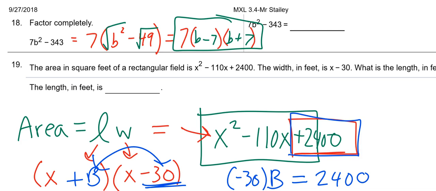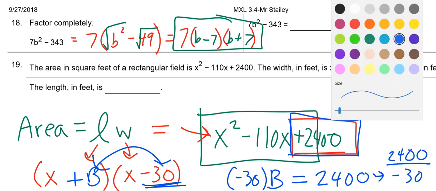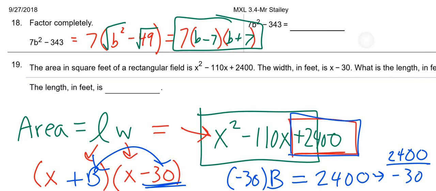So you're just dividing, right? 2,400 divided by negative 30. Well, let's see here. I can get rid of a 10 from the top and the bottom, and then 3 goes into 240 80 times. So that ends up giving me a B value of negative 80.